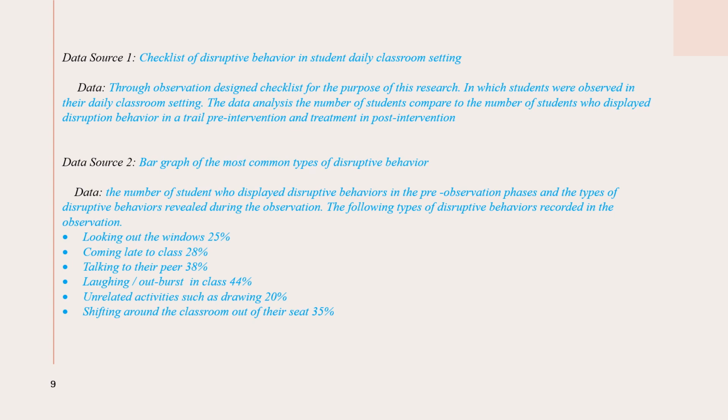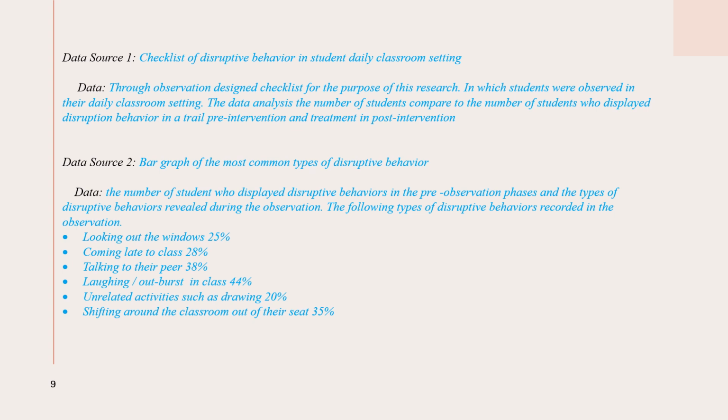Data source 2: Bar graph of the most common types of disruptive behavior. Data: The number of students who displayed disruptive behavior in pre-observation phases and the types of disruptive behavior revealed during the observation. The following types of disruptive behaviors were recorded in the observation.